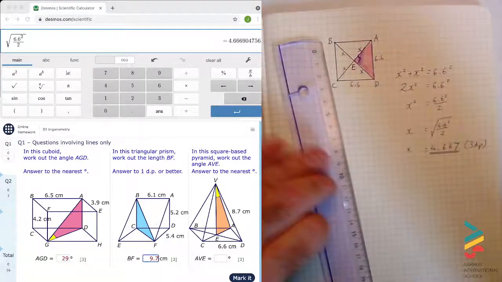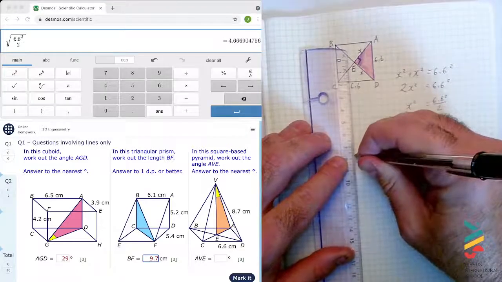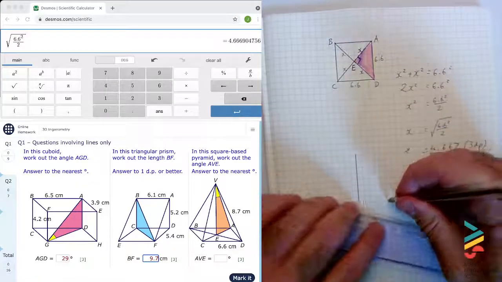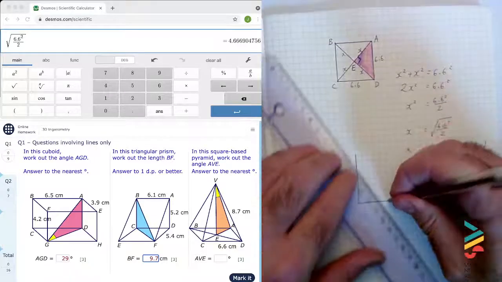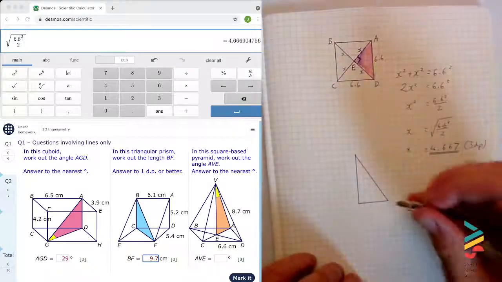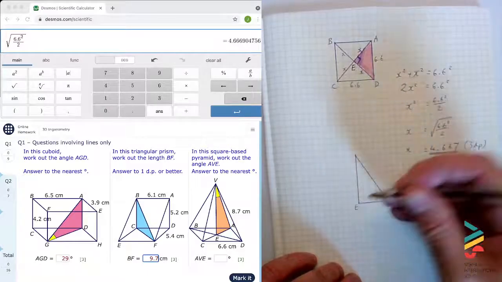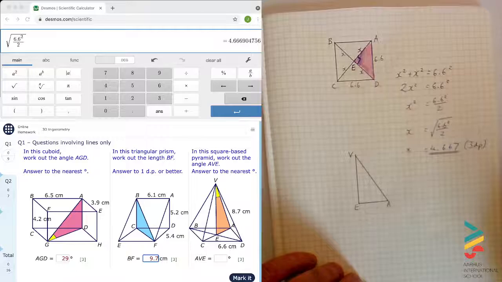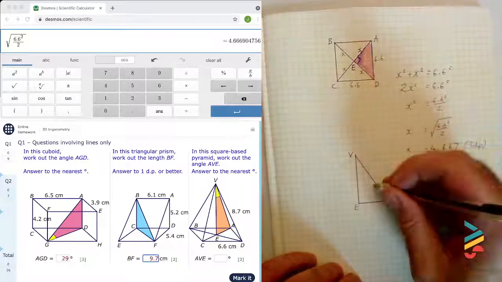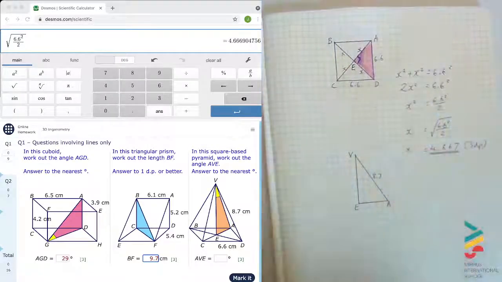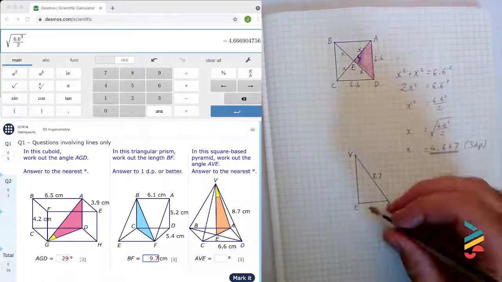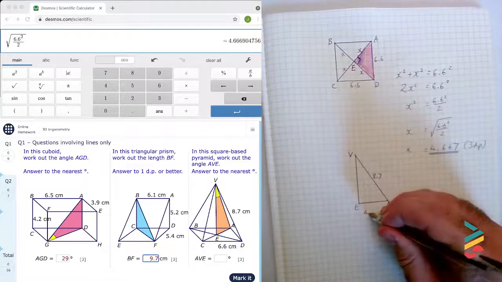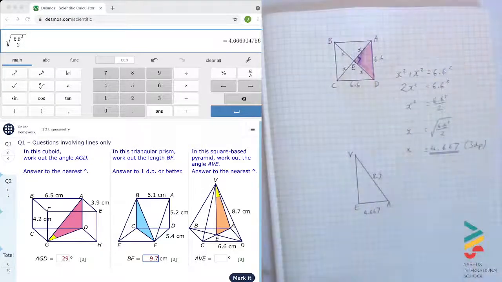Okay, so now looking at the orange triangle, which I'm just drawing now. So the orange triangle is A, E, V. We're told in the question that the slant lengths of those pyramids are 8.7 centimeters. And we've just worked out that from E to A, so that was one of those X's, is 4.667 to 3 decimal places.